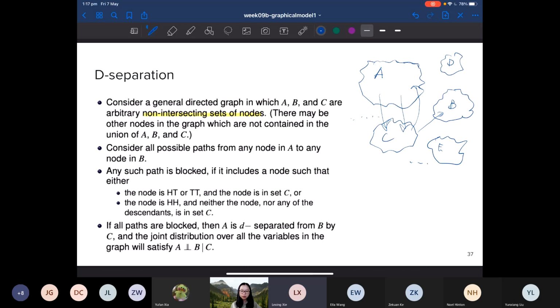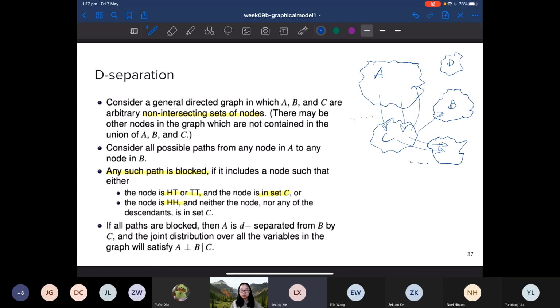So we consider such a path to be blocked if it includes a node in C that has a head-tail or tail-tail pattern, or the node is a head-head pattern but it's unobserved, or any of its descendants are unobserved, right? So here we need to reason about C and also reason about its possible descendants.